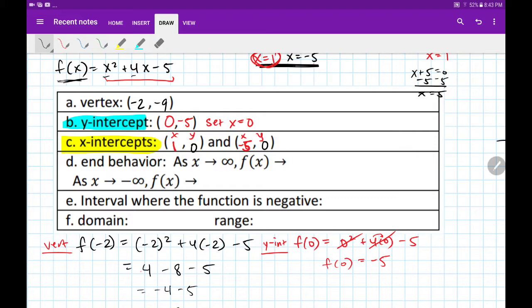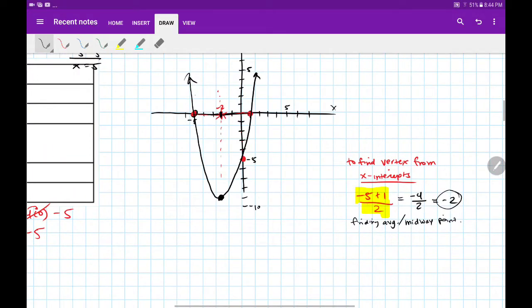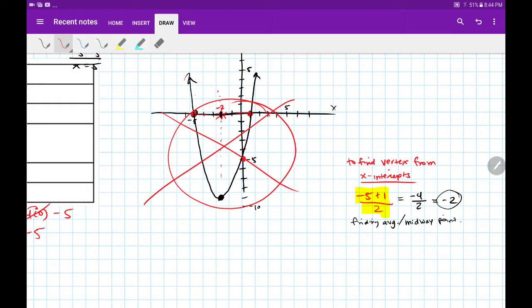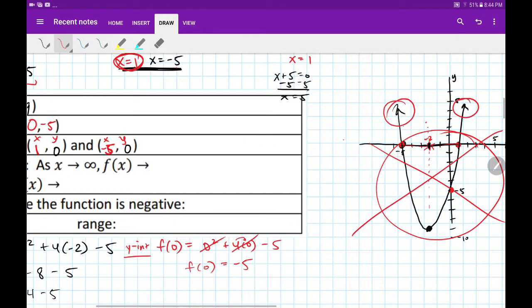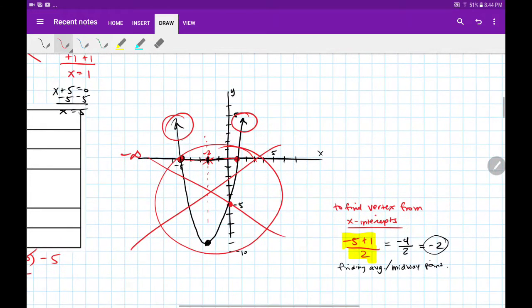Okay, now we've got to talk about end behavior. So let's focus on our end behavior. When we talk about end behavior, I want you to completely ignore the middle part of the graph. Only focus on the arrows. Those are the ends. We want to see how our graph behaves towards the ends. On the left side, as x approaches negative infinity, that's to the left, our graph goes up forever.